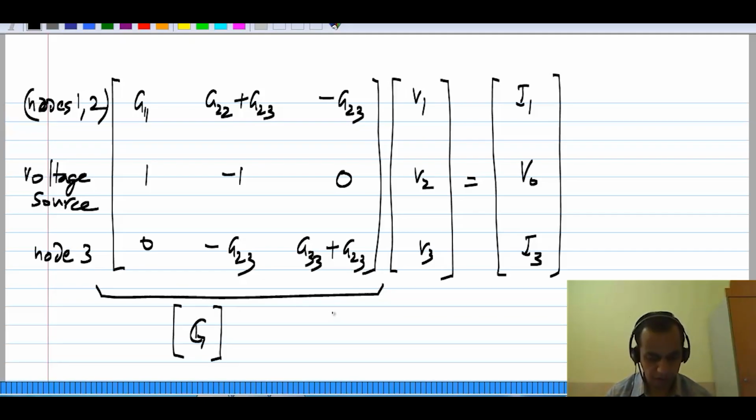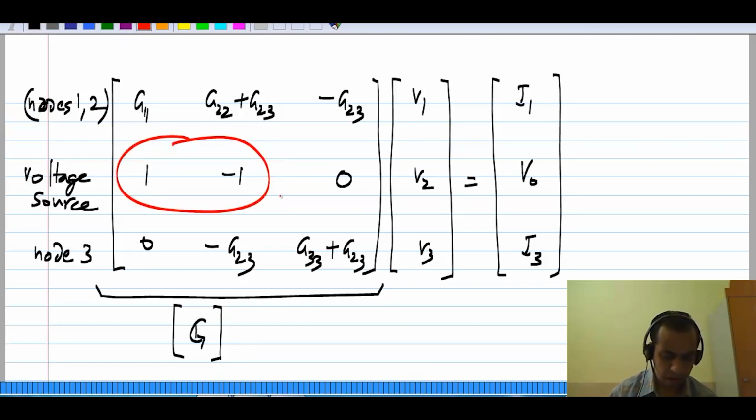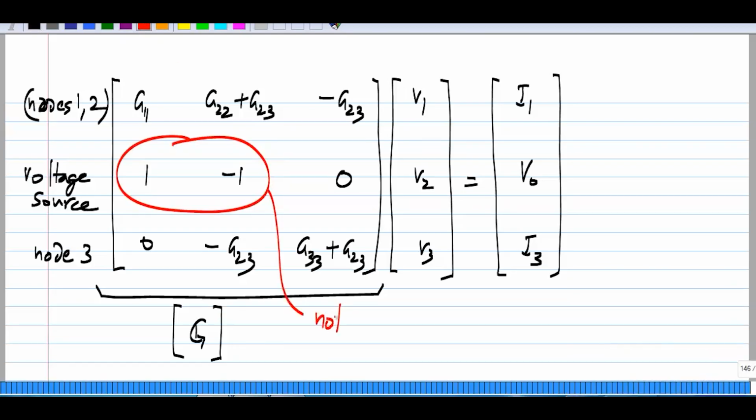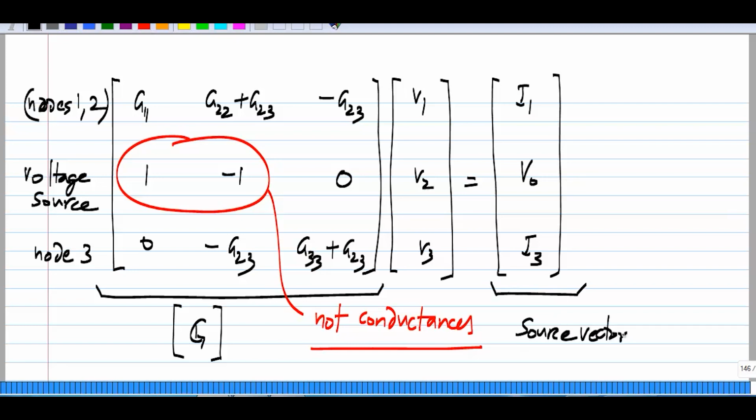I will continue to call it conductance matrix, but these are not conductances. They are dimensionless quantities. And similarly, the right hand side here is the source vector. So it consists of all independent sources. So that way this structure is still nice.